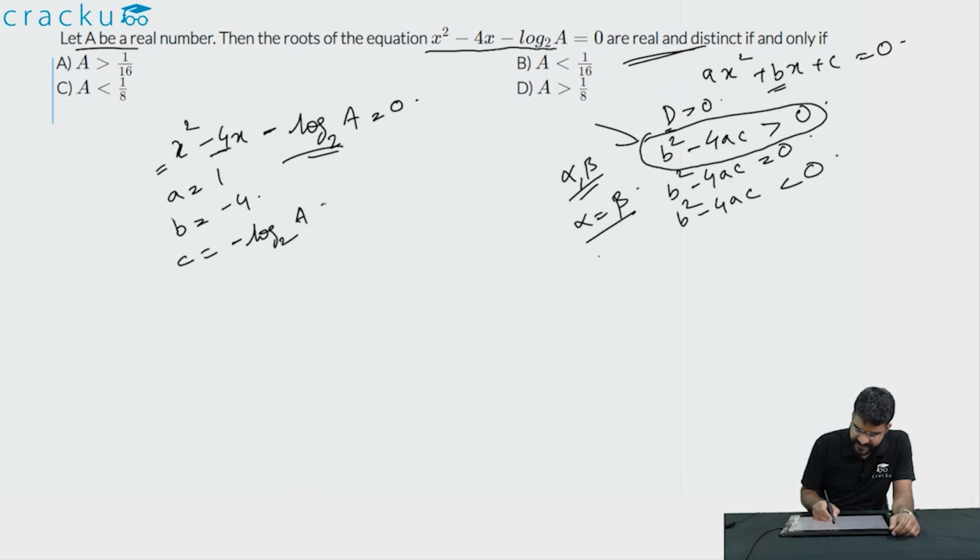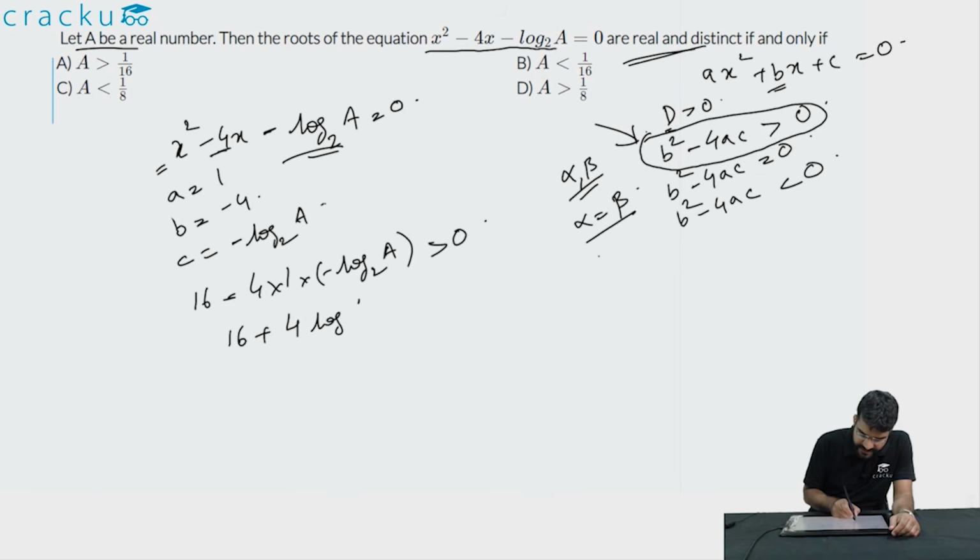Now we can use the same formula, that is b square minus 4ac is greater than 0. So b square is 16, minus 4ac is 4 into a, which is 1, into minus log of a to the base 2, is strictly greater than 0. That is 16 plus 4 log a to the base 2 is greater than 0, or 4 plus log a to the base 2 is greater than 0, or log of a to the base 2 is greater than minus 4.